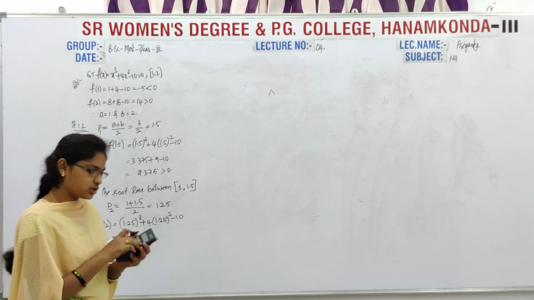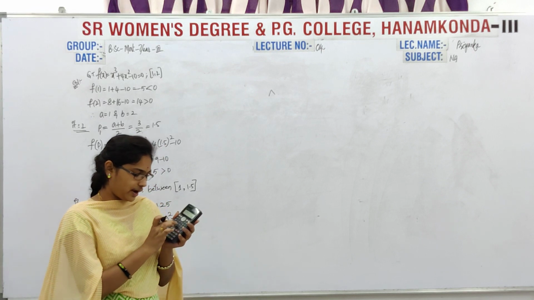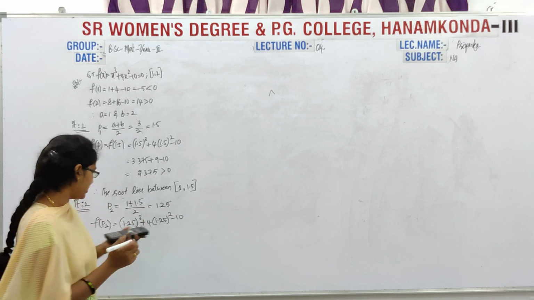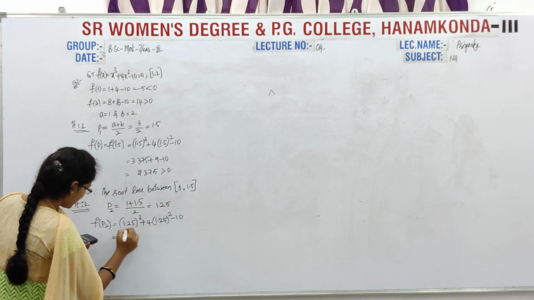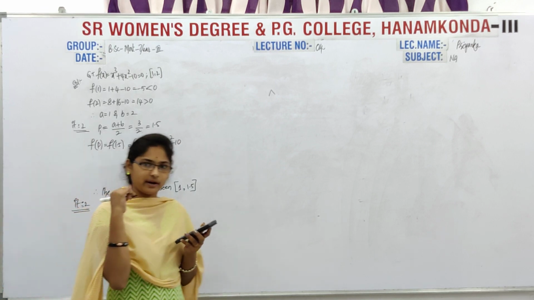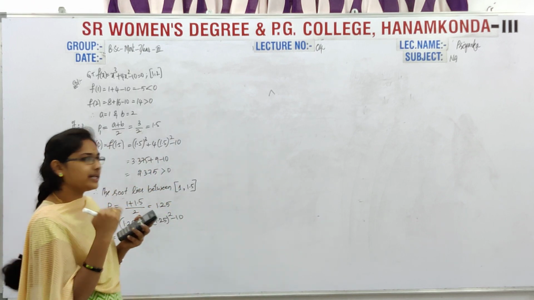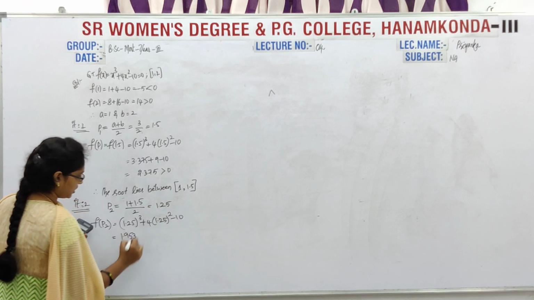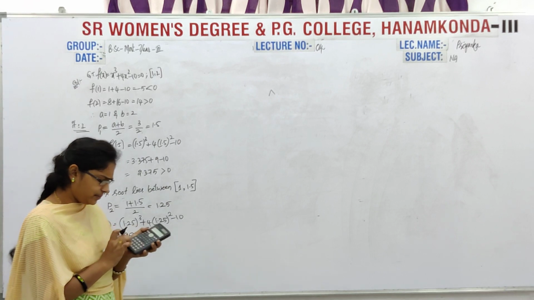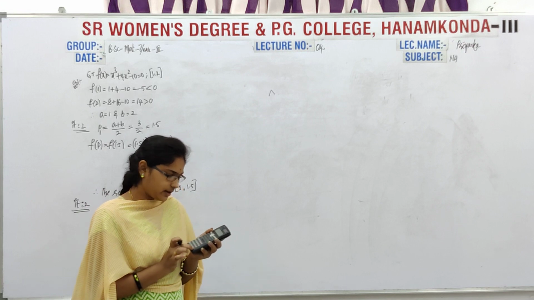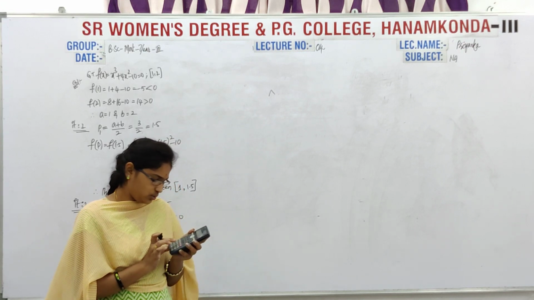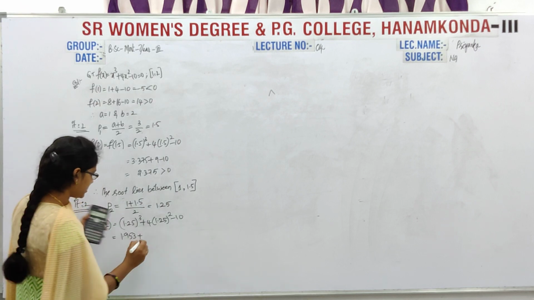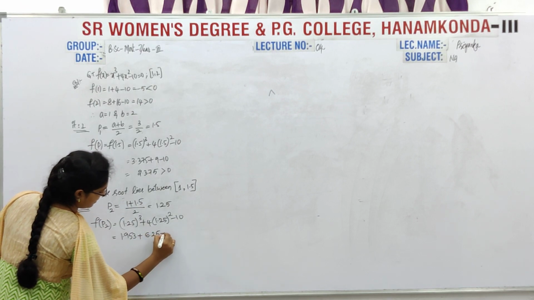Same again I am doing. So 1.25 whole cubed equals 1.953125. I am simply taking 1.953, because they mentioned up to 10 to the power of minus 4, so after the decimal it is enough to take 3 digits. So 953 I am taking, plus 1.25 whole squared into 4, which is nothing but 6.25, minus 10.